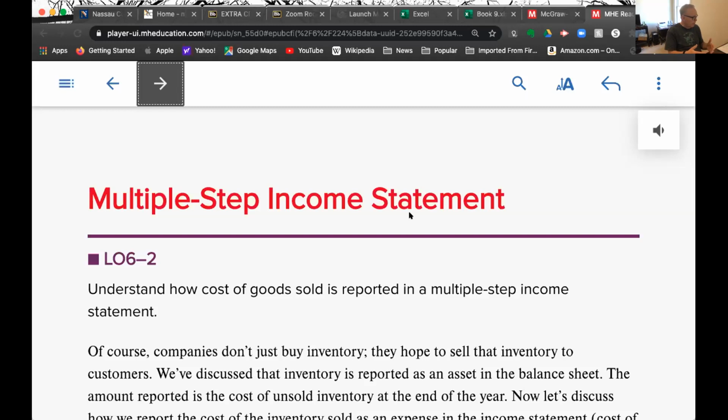Unfortunately, we don't spend a lot of time with the analysis. It's the type of thing that the more accounting classes you take, the deeper you get into that. I'm just trying to get you to where I think you need to be before you get to that next step. But the income statement is one section in the book that we have to address.